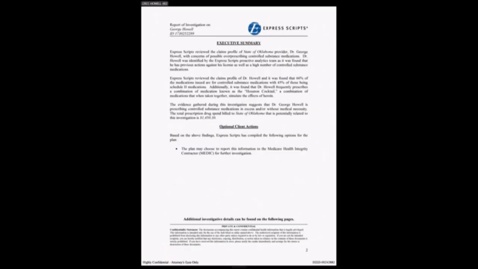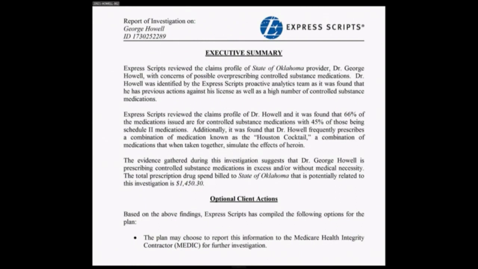And if you look at the second page, it's being conducted by Express Scripts, is that right? It appears to be. And you understand that Express Scripts is a pharmacy benefits manager that the state of Oklahoma contracted with in the 2013 time period for Medicare Part D.